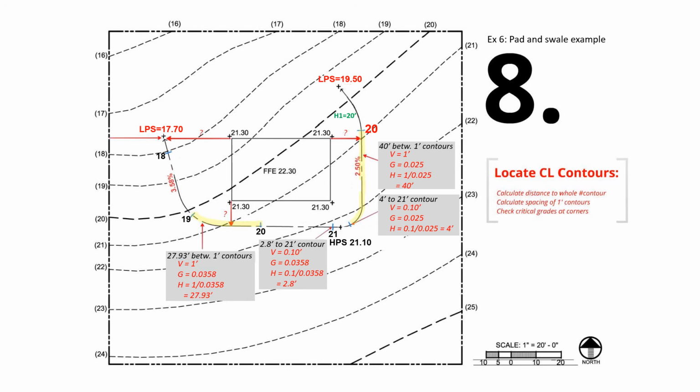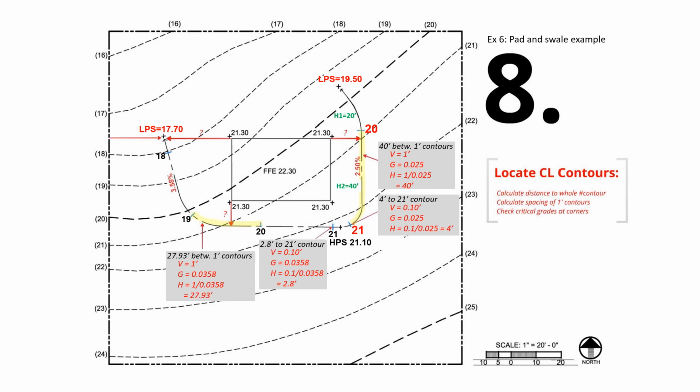And the second H that you need to calculate is the contour spacing. Basically, how far apart are the whole number contours? And because the centerline slope is 2.50%, the contours should be 40 feet apart. So you measure 40 feet to find where the 21 feet elevation is on the centerline.